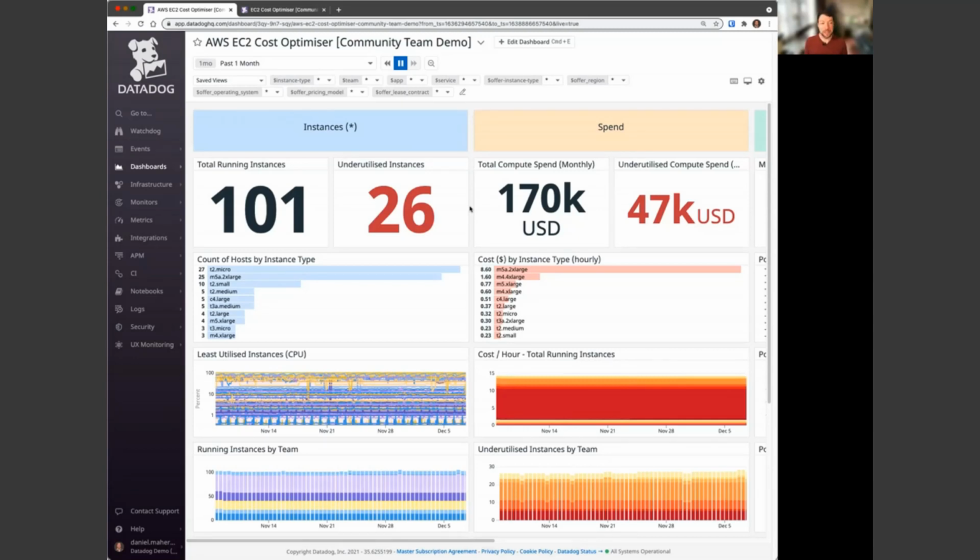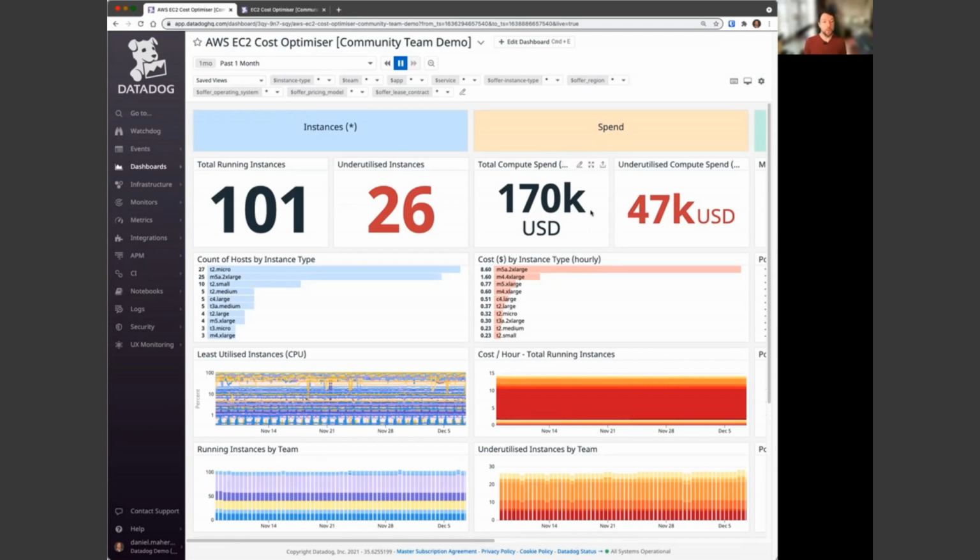For these instances, we can also take a look at spend. Because we go, okay, we're overspending on 25% of our EC2 instances. That sounds bad, but is it? How much money are we actually talking here? $5? I've got 10 euros in my wallet, I'm happy to lend that to you. Well, this is how much we're talking.